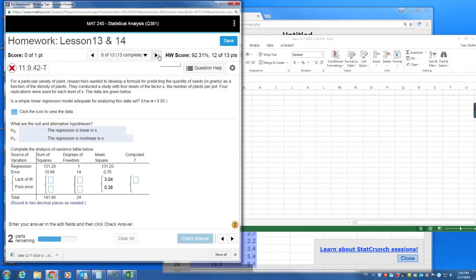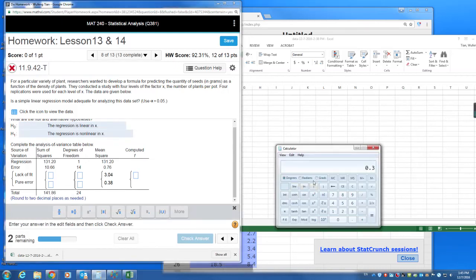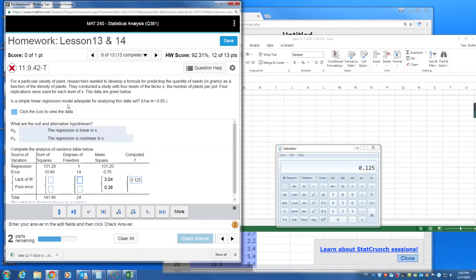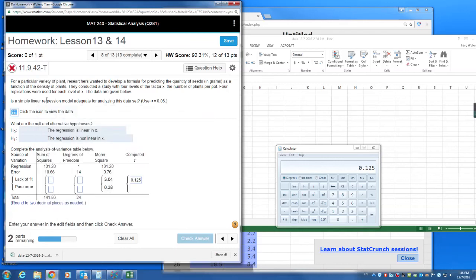And this F value is going to be 0.38 divided by 3.04, which is the same as 0.1125, and then this one you subtract.